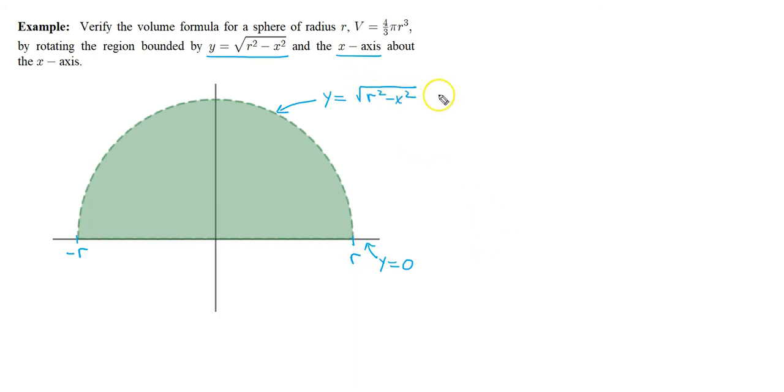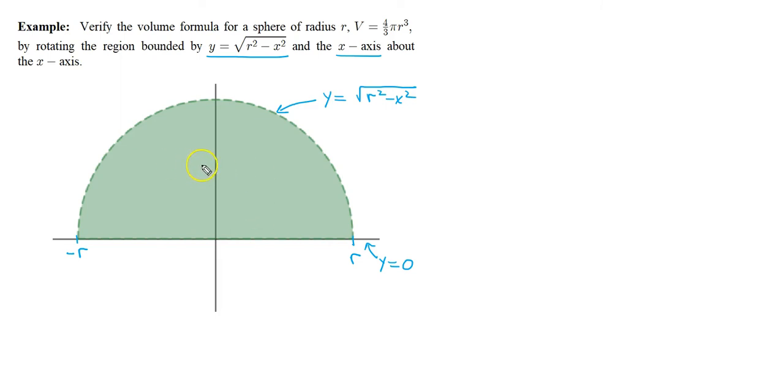Once again, notice that if we set this equation equal to 0, well, of course that's going to be 0 when x is r. r squared minus r squared gives you 0. And when x is negative r as well, r squared minus negative r squared, that's going to be 0 also. So that's how we get negative r here.